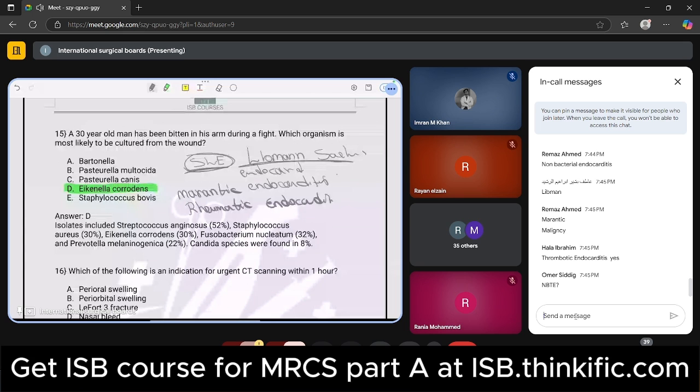In rheumatic carditis, if you take a biopsy, what is the pathognomonic lesion? The pathognomonic lesion that you see, if you see it, you say, oh, this poor man must have been having rheumatic carditis.